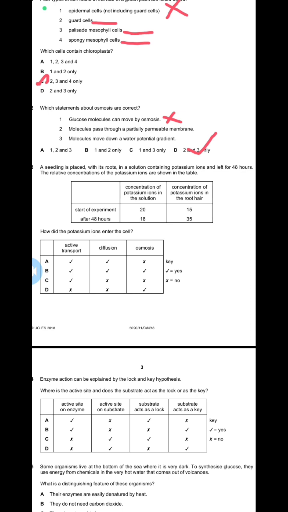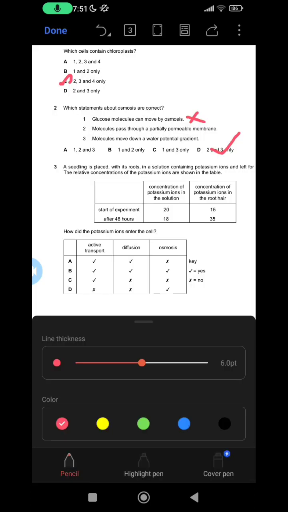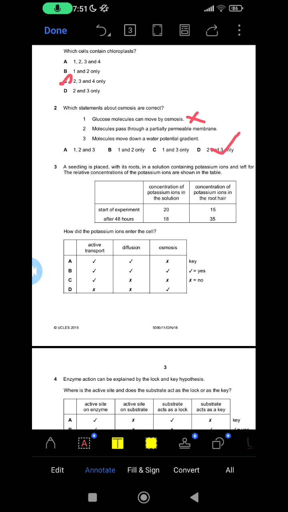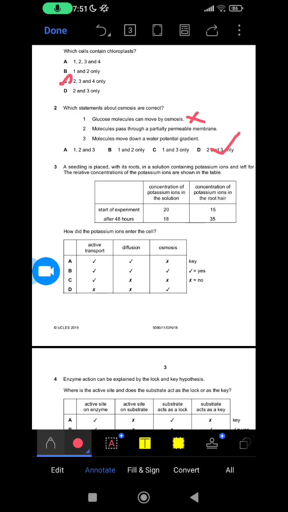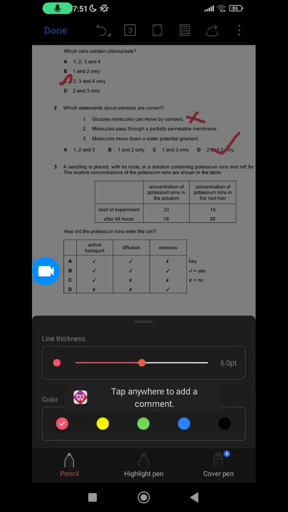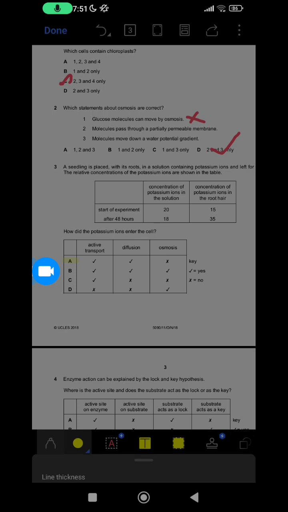So then it will move by active transport. So the answer will be A part. So A is the answer.